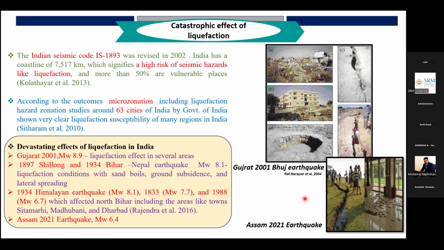And you're all very much aware that along the coastline, many of our metro cities are located. More than 50% of these metropolitan cities are subject to liquefaction risk. So according to the outcomes of microzonation, including liquefaction hazards, around 63 cities in India have liquefaction susceptibility.